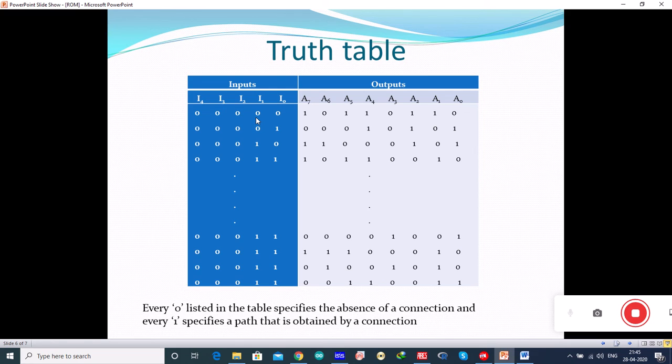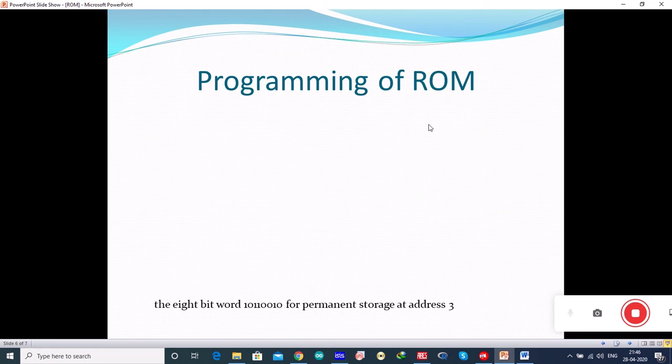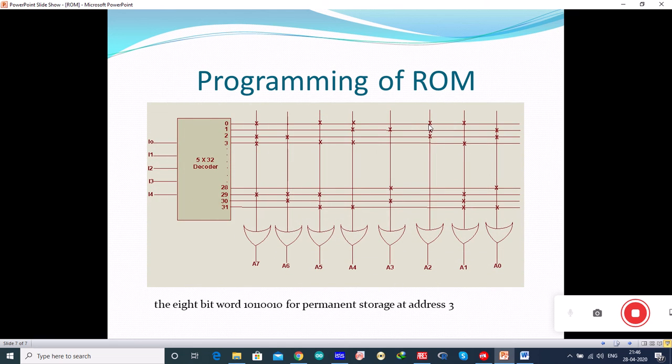Now let us see how we implement this truth table in the diagram we have seen earlier. So this is how you program the ROM.